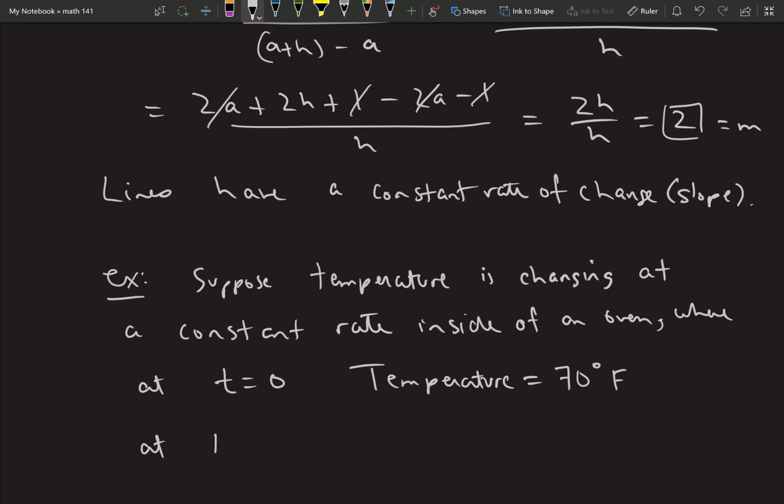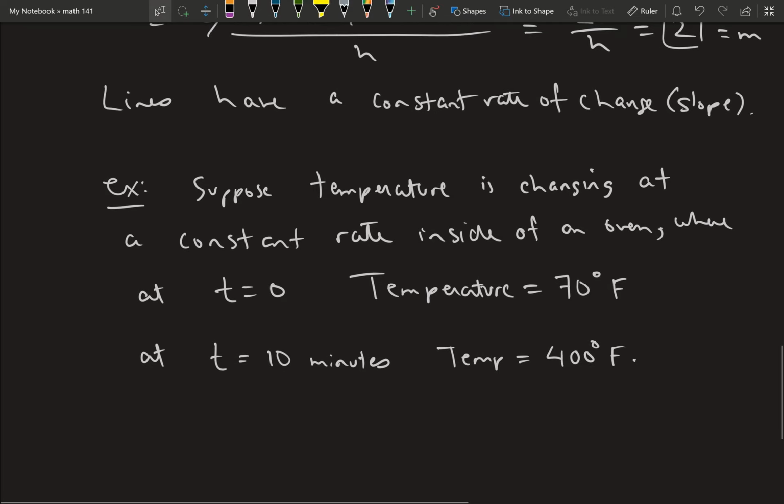And at time, let's say time is in minutes, after 10 minutes, the temperature is 400 degrees. So what is the rate of change?